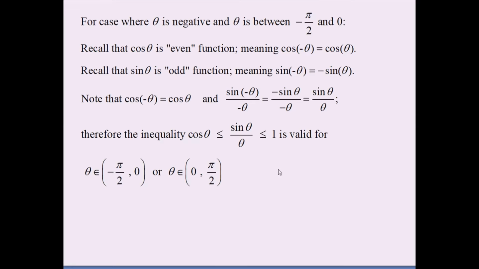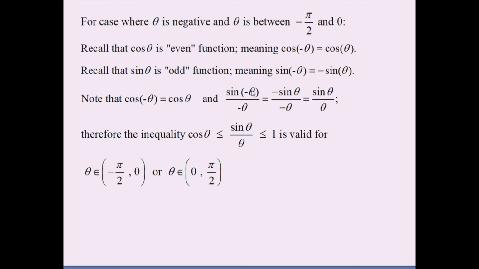And then for the case where theta is negative, or theta is between negative pi over 2 and 0, recall that cosine of theta is an even function, meaning that cosine of negative theta is the same as cosine of theta. And sine of theta is an odd function, meaning sine of negative theta is the same as negative sine of theta.